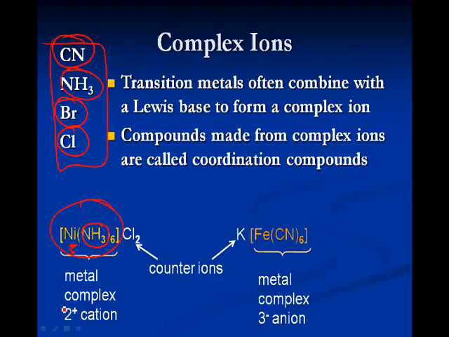Those complex ions can sometimes have a positive charge, so they're a cation. Other times they'll have a negative charge, so they are an anion. This complex ion then combines with either a positive or negative counter ion to form a compound with a neutral charge.